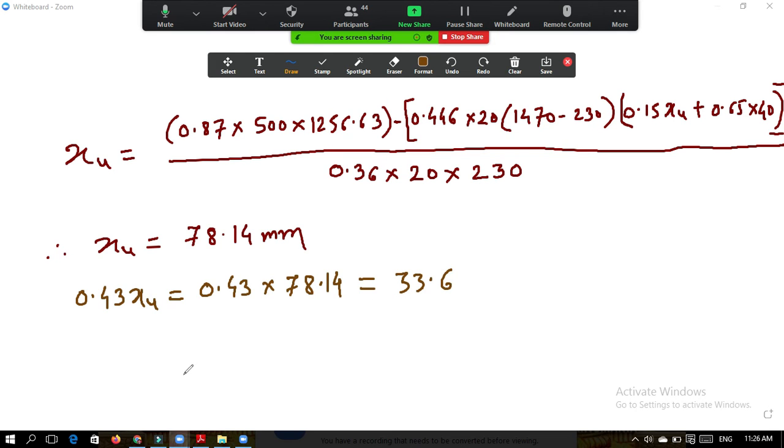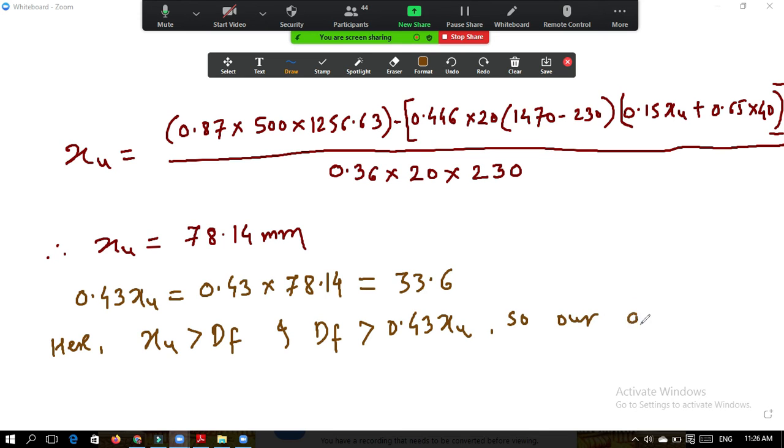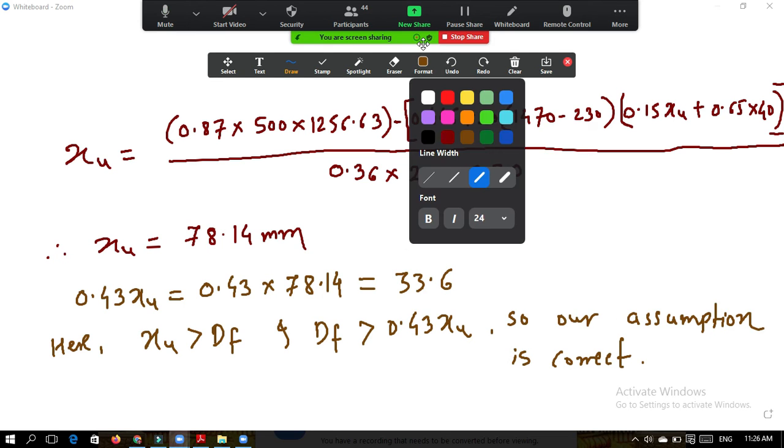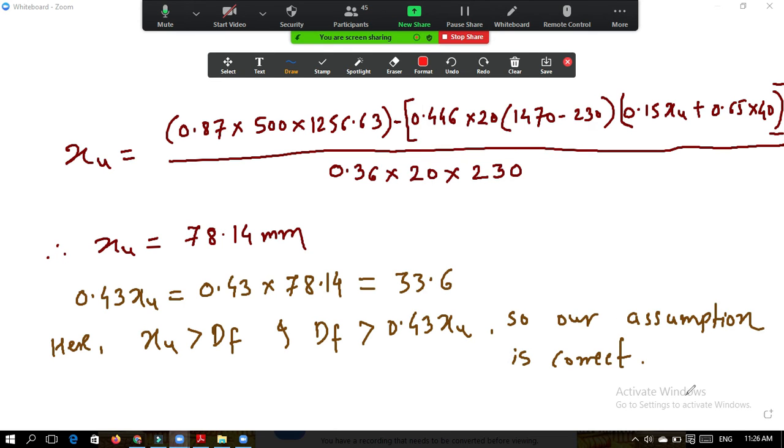So here what we are observing now, Xu is greater than Df and Df is also greater than 0.43 Xu. So our assumption is correct. Now calculate the value of Xu max.